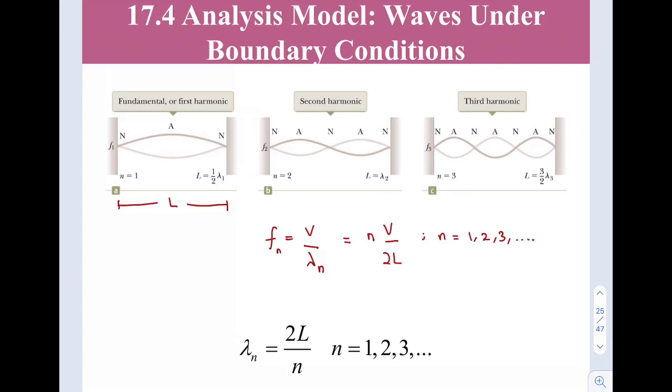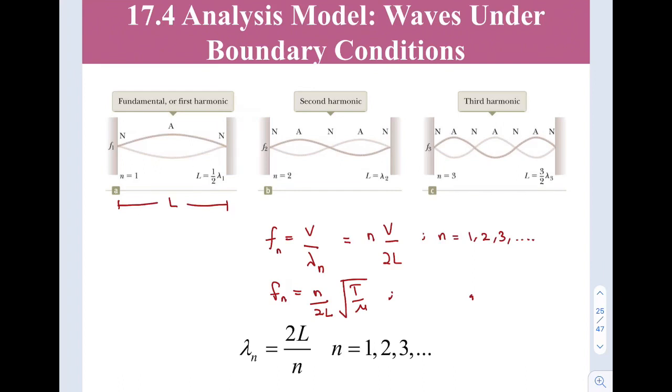And we know that v is equivalent to the square root of T over mu, so we have this kind of same condition. This is what we call the harmonic series.